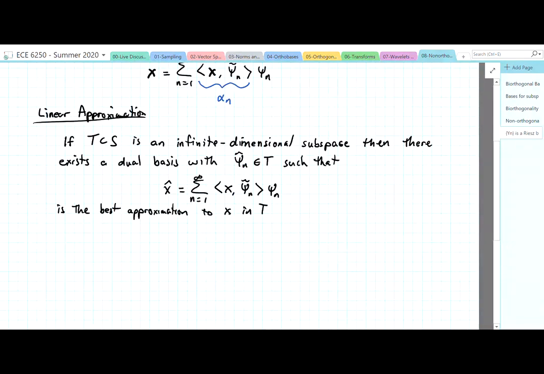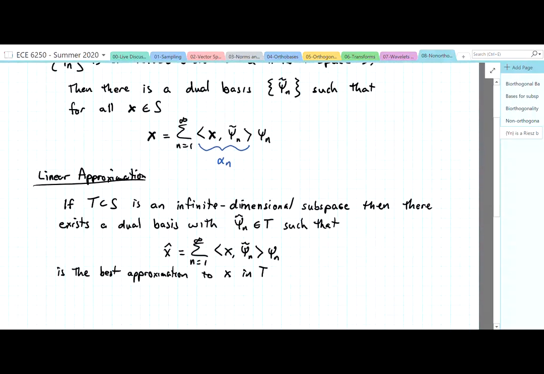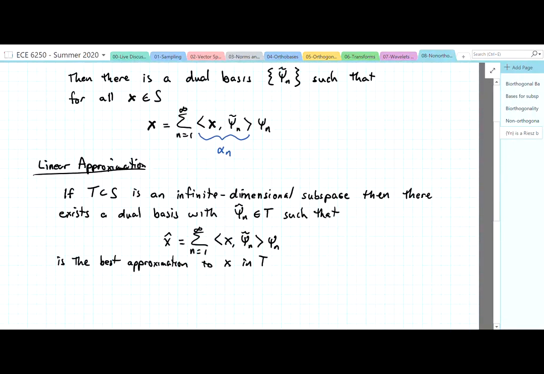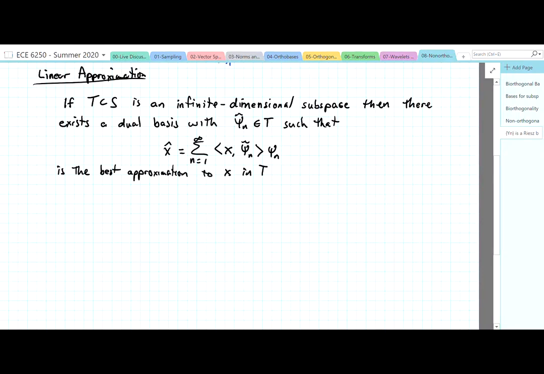Okay, so if we have some infinite dimensional subspace T of this Hilbert space S with a Riesz basis psi, then there exists a dual basis such that x hat, being a linear combination of psi sub n, is the best approximation to x in T. So the beauty of this is that there aren't any big surprises.